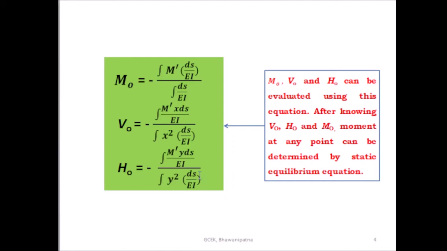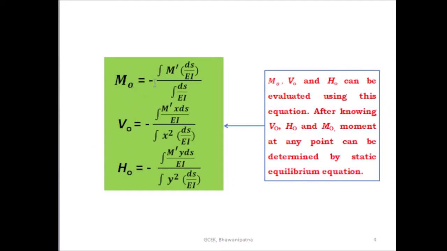MO is the bending moment at the elastic center O, VO is the vertical force at the elastic center O, and HO is the horizontal force at the elastic center O. And these 3 redundants can be found out using this formula.